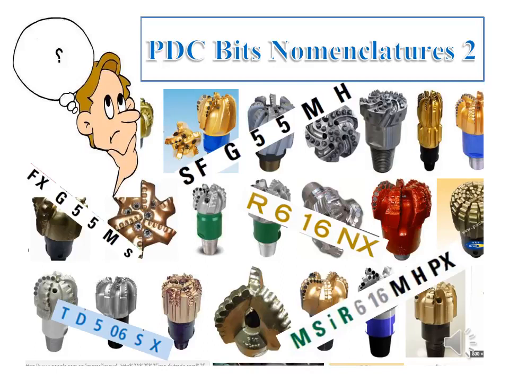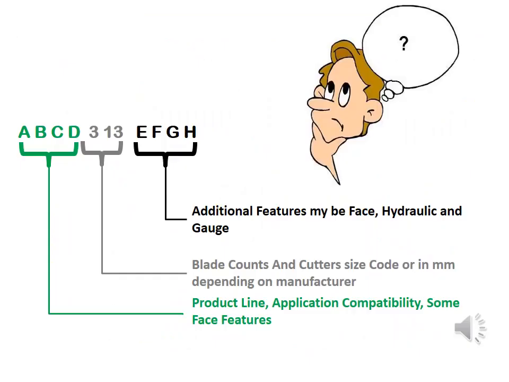In part number 1 of this series about PDC bit nomenclature, I explained the general rules of PDC nomenclature and showed that the general rules for PDC bit nomenclature follow a coded system consisting of 3 sections.